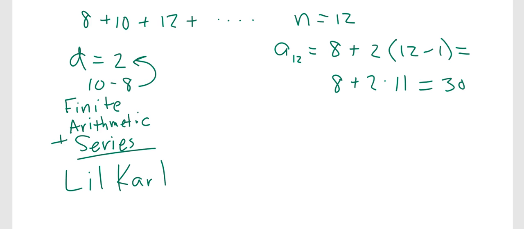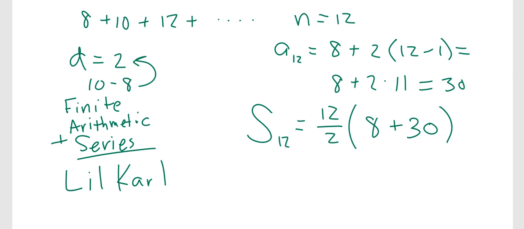The sum of the 12 terms: we know that we have 6 of those pairs, 12 over 2. The first term is 8. The last term is 30. So we can simplify this, right? 6 times 38. Pull out the handy dandy calculator. 228.